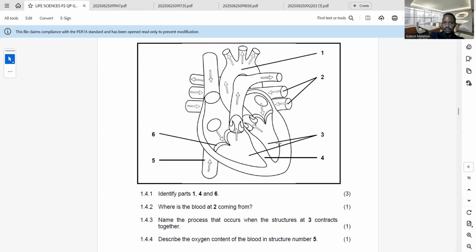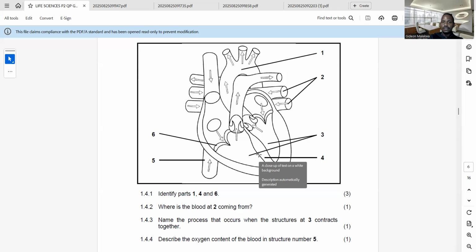So those ventricles, what's going to happen is when they contract, I think also your teachers have taught you that the contraction of these chambers, we call it a systole. When they relax, we call it a diastole. So a systole is when they contract. These 2 on 3, if they are contracting, that's the ventricular systole.